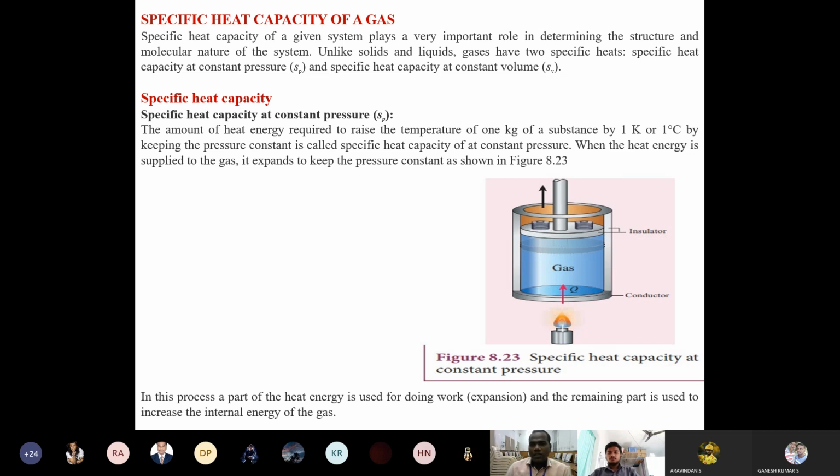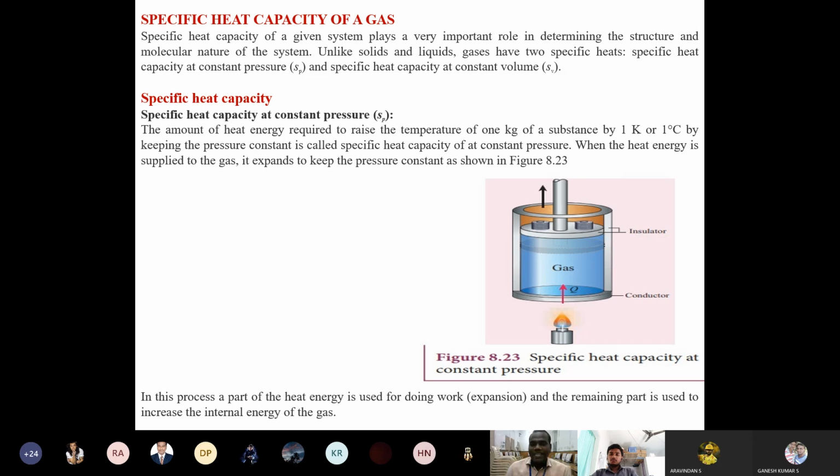So we have the specific heat capacity for all the states, like solids, liquids, and gases. But gases have two specific heats: the specific heat capacity at constant pressure and the specific heat capacity at constant volume. That is SP and SV. Then we can define the specific heat capacity at constant pressure.